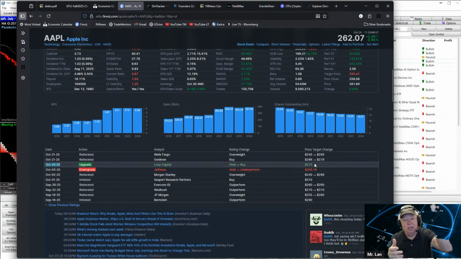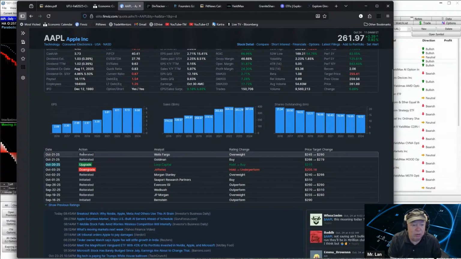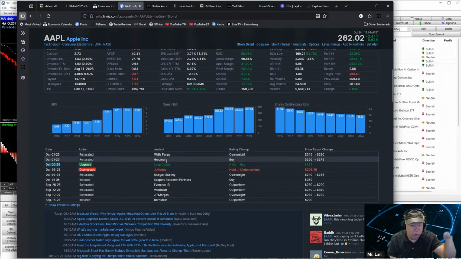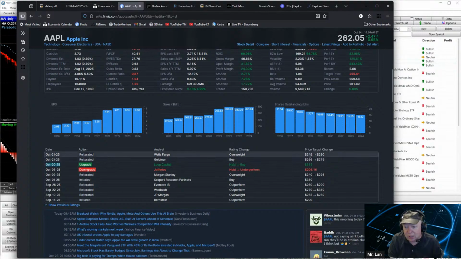Some people think the market's going to go up, so they'll buy. Some people think the market's going to go down, so they sell, they get rid of it. And right here, we got conflicting information. Wells Fargo is saying, I'm going to reiterate what I said last time. If I said to buy it last time, I'm going to tell you to buy it again this time. We don't know what that reiteration was unless we go back and look through history, but we can see the price target right here. They think it's going to go between 245 and 290.